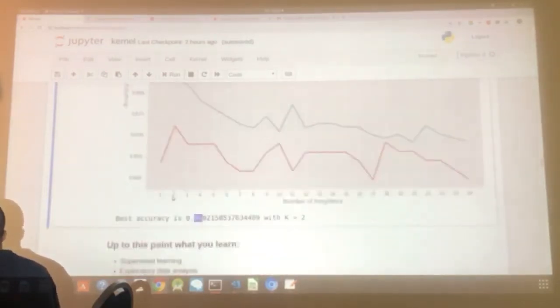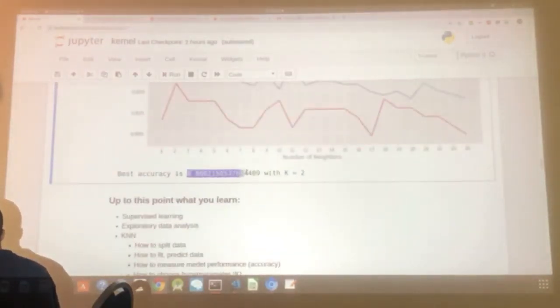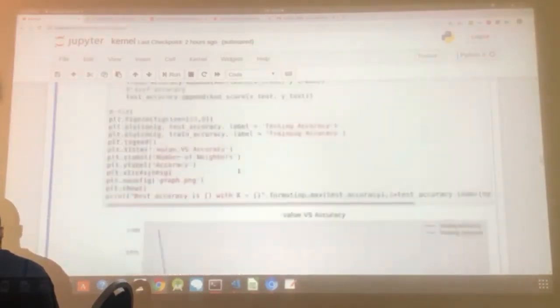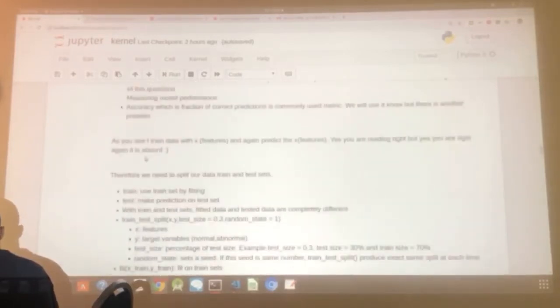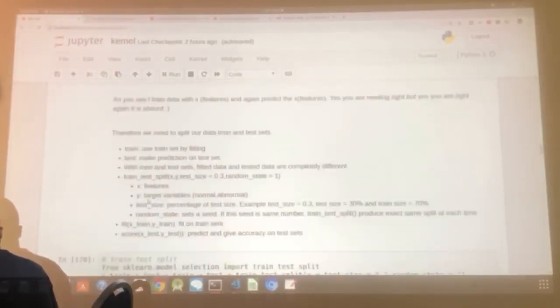I have the highest accuracy there. Immediately, I know I'm overfitting. How do I know that? If you read the literature, and if the value of K is too big, now, big in what sense?